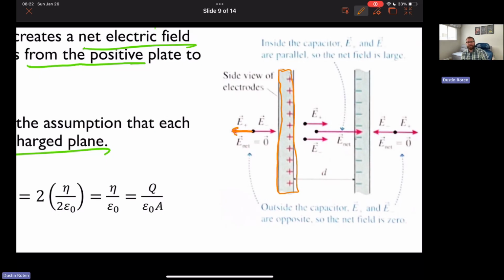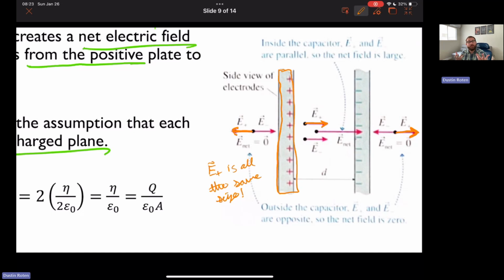So that's the positive component coming from this plate. We also have the positive electric field over here. We also have the positive over here because that's still coming from the positive plate. Notice how they're all the same size.